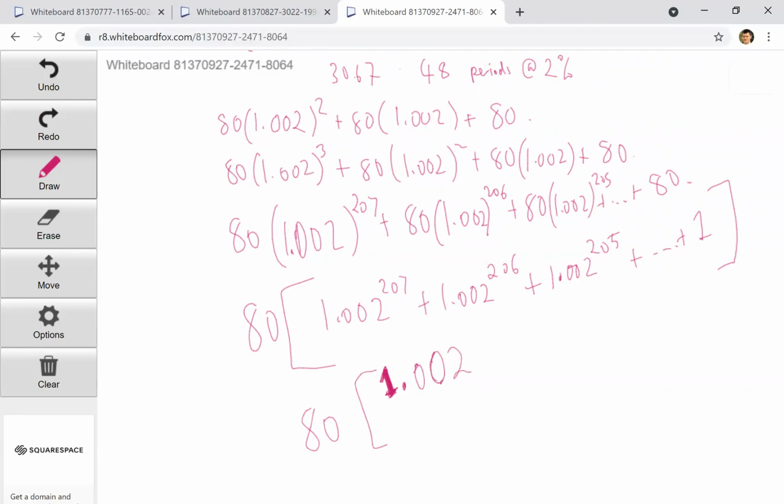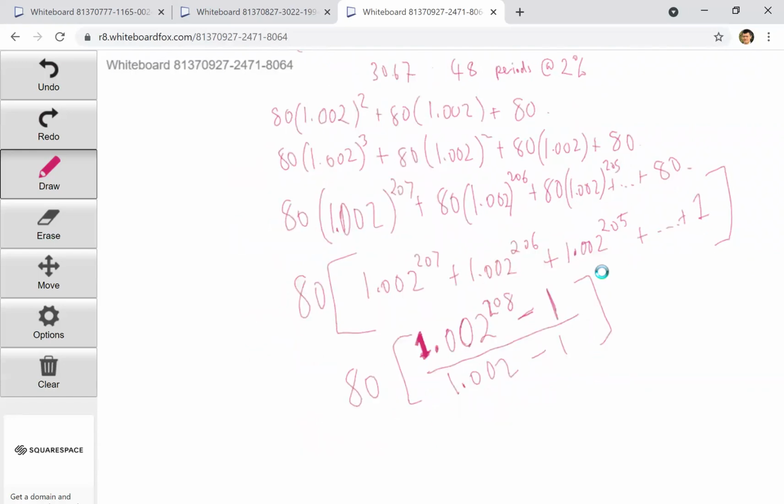So the formula is you just increase the power by 1 and you minus 1 and you divide by the ratio minus 1. So it's actually a pretty simple formula. What's that formula called, did you say?